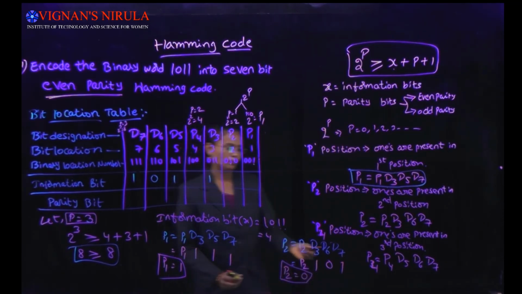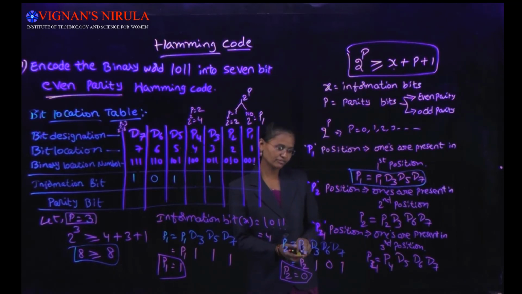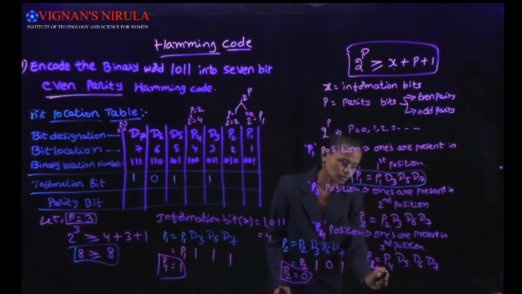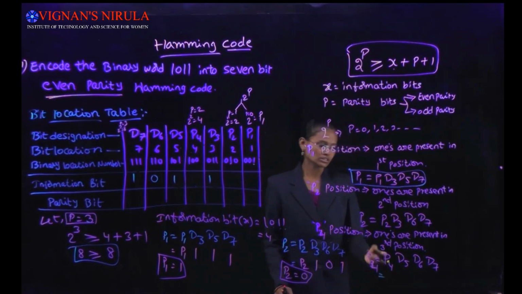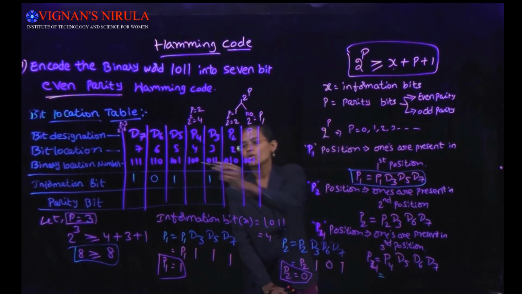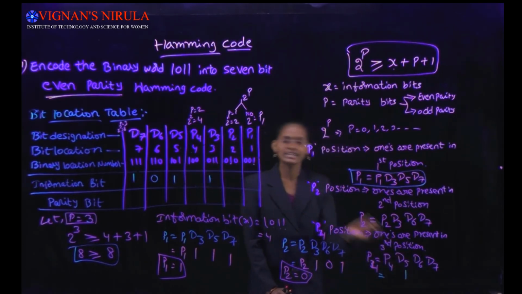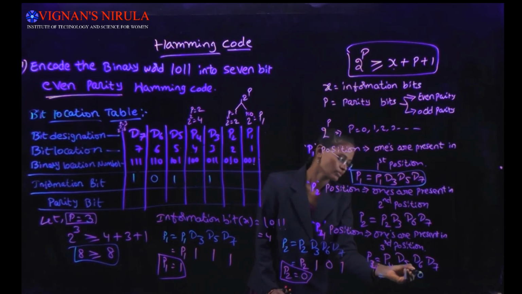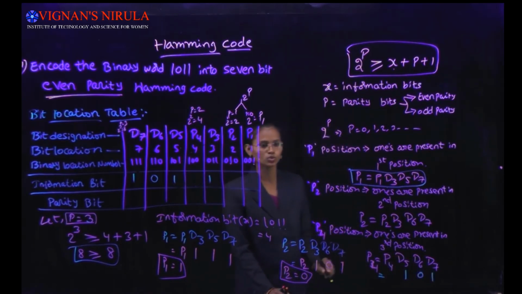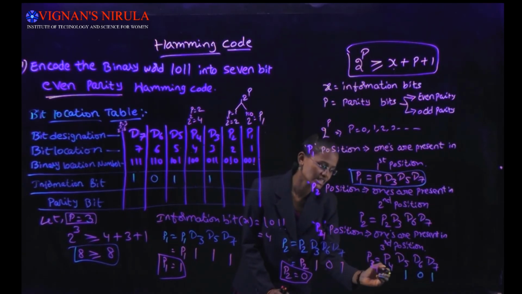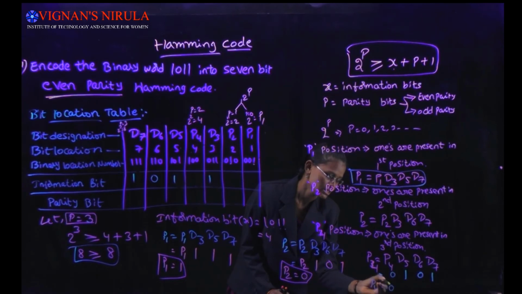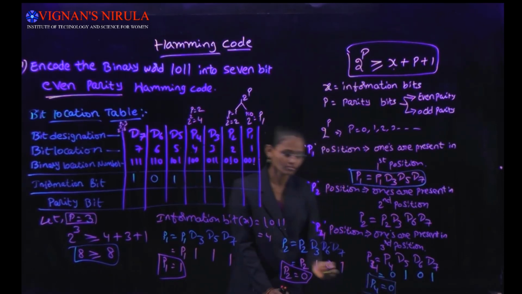And next the P4 position. D5 is 1, D6 is 0, D7 is 1. The number of ones is 2, so P4 is 0.